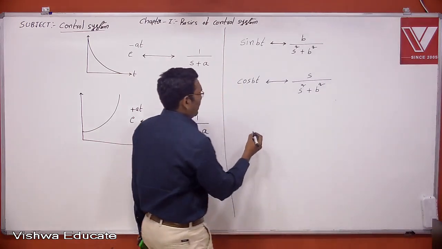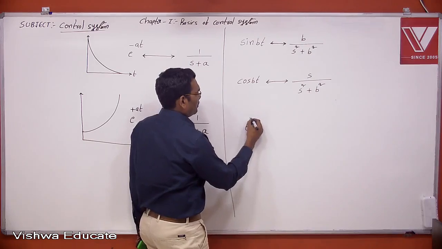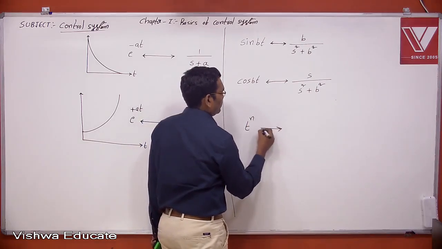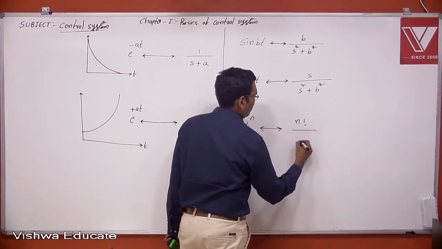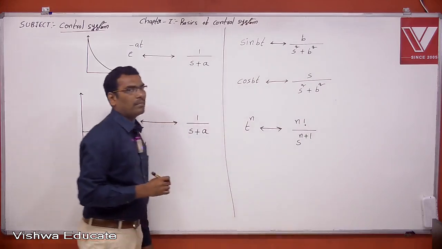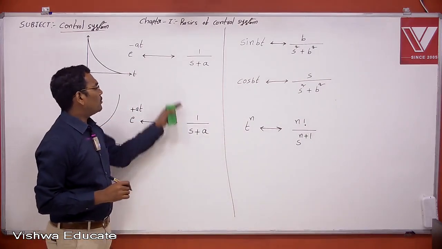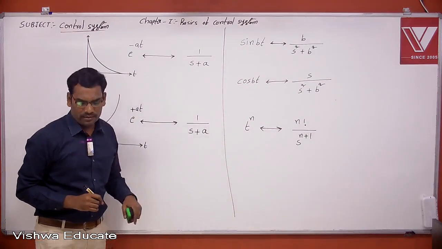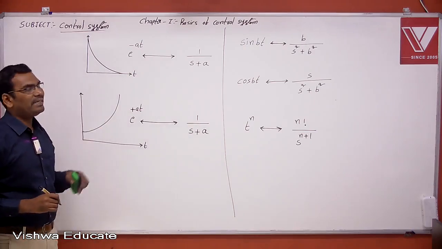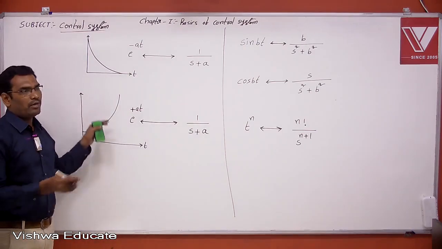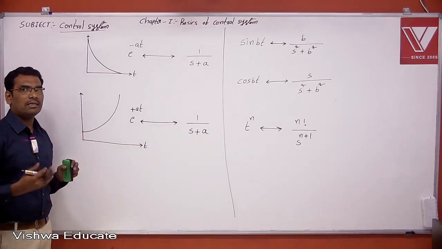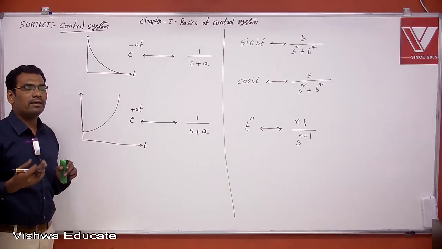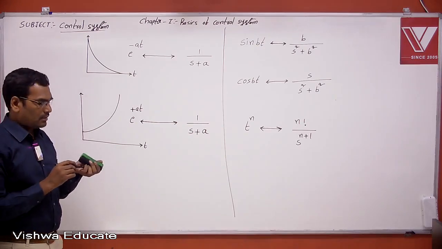And the Laplace transformation of t power n is n factorial by s power n plus 1. These basic formulas are continuously repeated in the subject, so going through them once with one look makes our further mathematical analysis of the subject very easy.